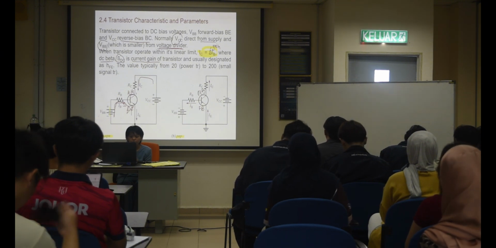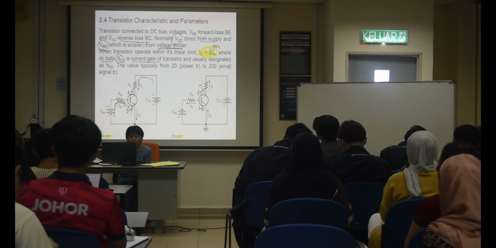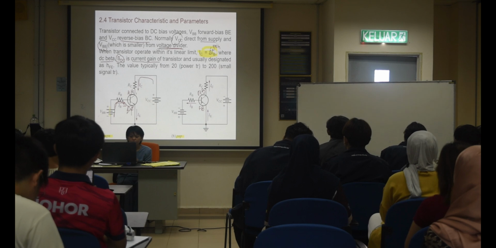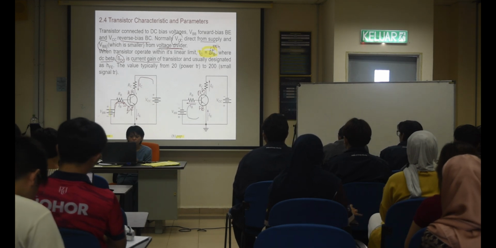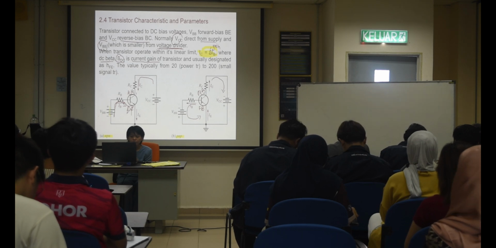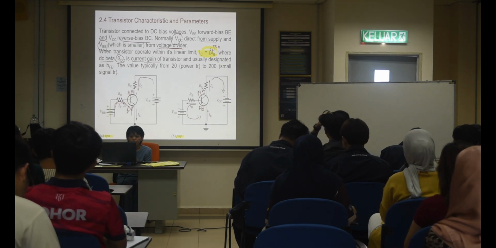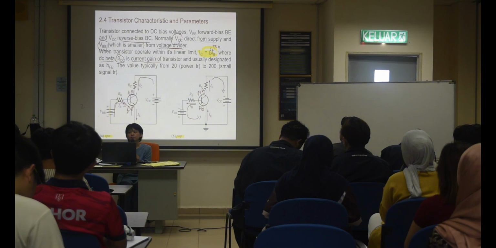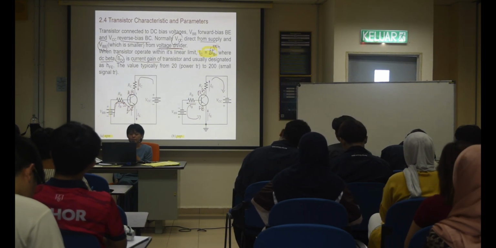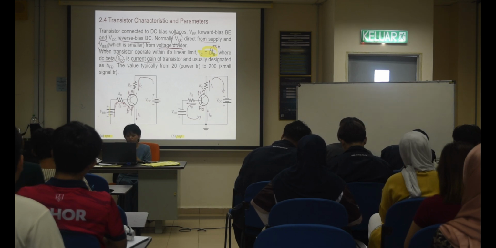For the BC, this one is BE, forward. Just the direction of the current is different. You go this way and go this way. The formula is the same. IC equals beta IB. Formula is the same. Understand? Just the direction of the current is different.